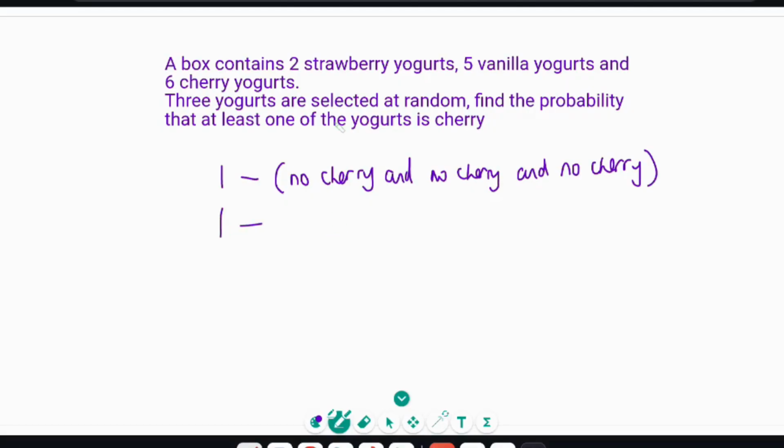So what do I mean by no cherry? Well, if 6 are cherry, 7 are not cherry. How many are there in total? 13. So 7 over 13. And we've eaten a not a cherry, so the next not cherry would be 6/12, then 5/11.